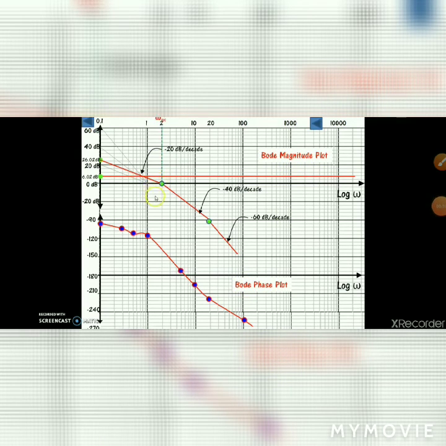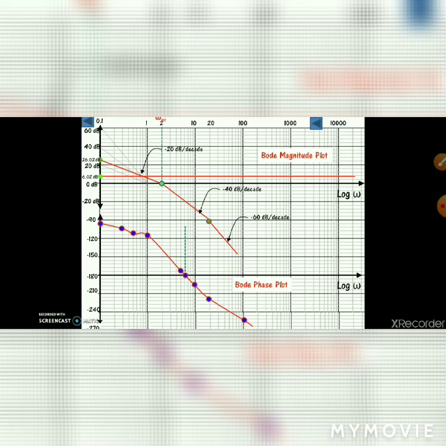Where the magnitude plot line intersects your reference 0 dB line, take it straight up, and that becomes omega GC, the gain crossover frequency. Then the minus 180 reference line.